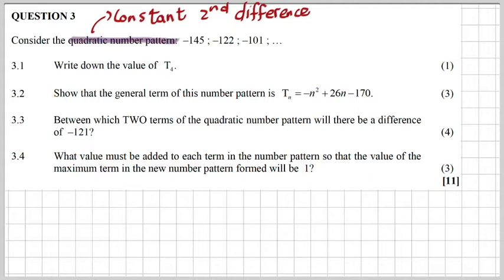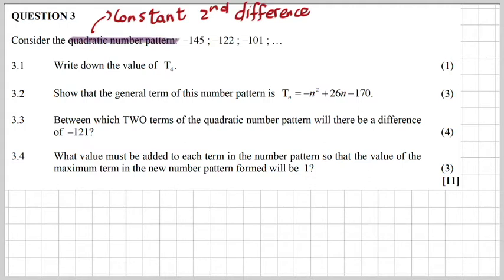I like to specify the not equal to 0, because even an arithmetic sequence has a second difference, but it is equal to 0. Just some random bit of information for you. You might need to use it at some party for some trick. But let's quickly go to this constant second difference.